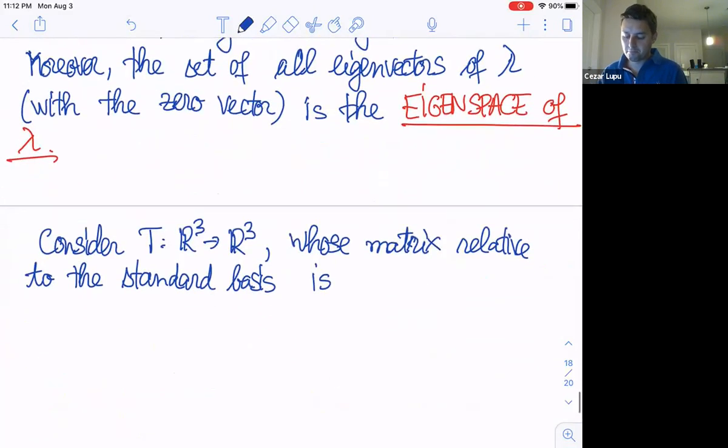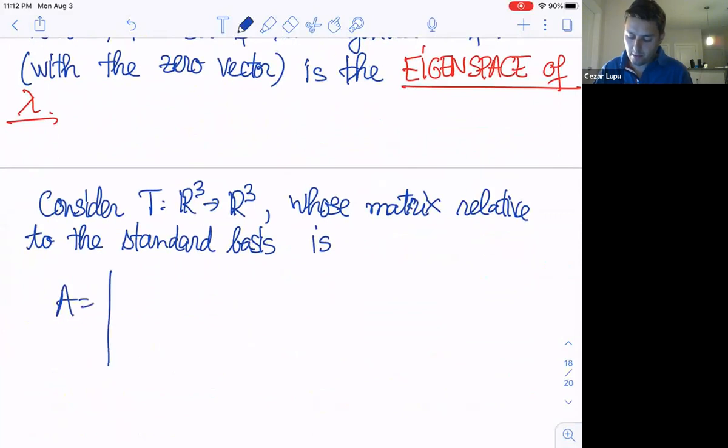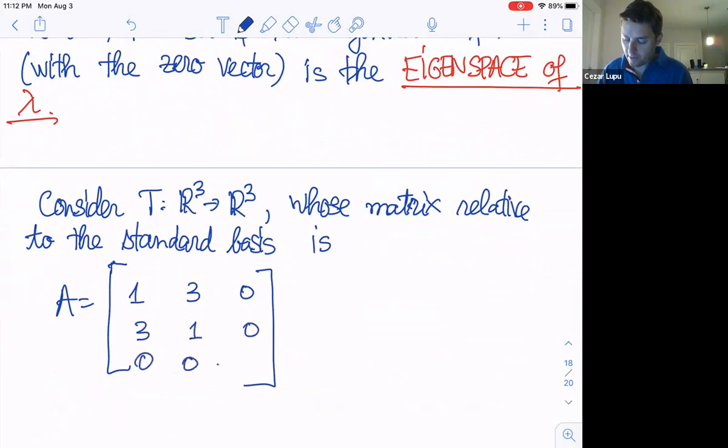Let's pick a 3 by 3, and let's just say it is 1 3 0, 3 1 0, 0 0 -2. And the standard basis.